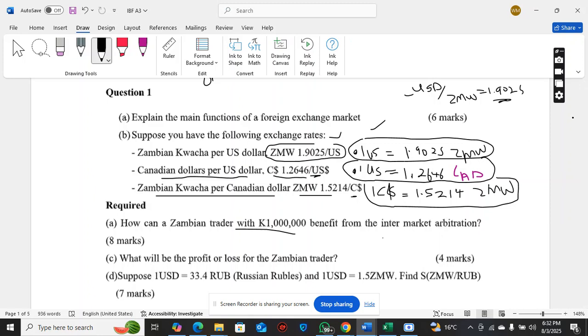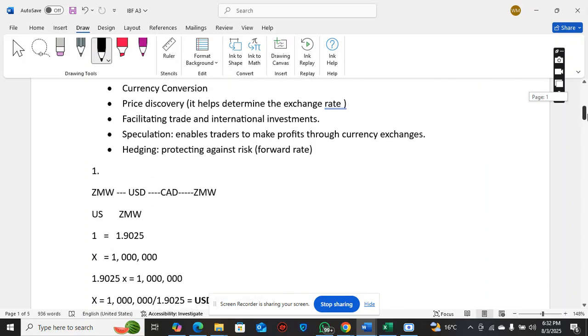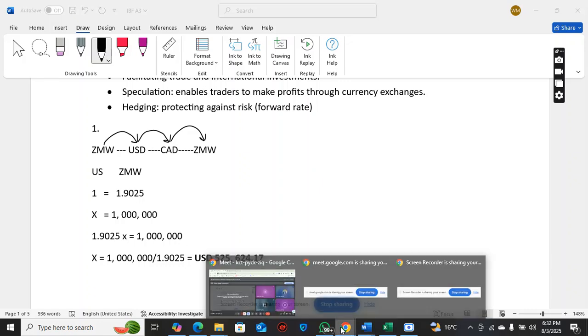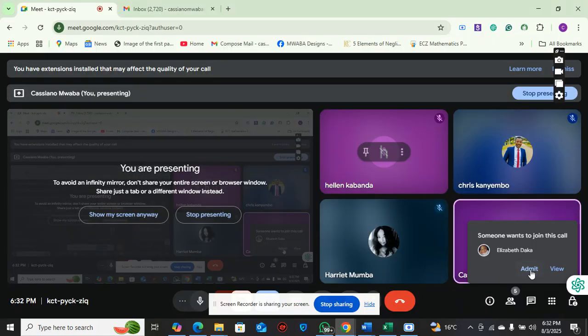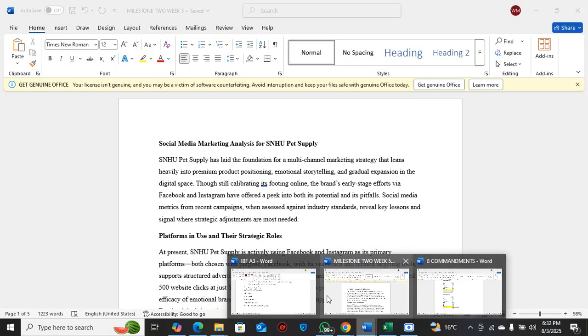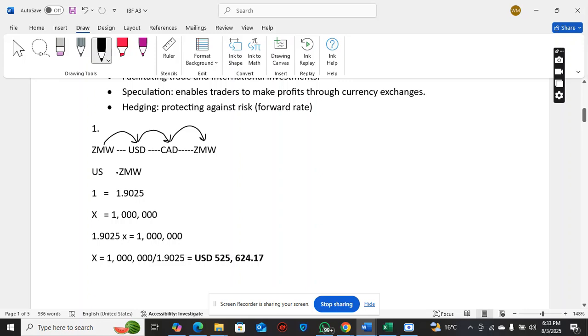That route, we say he's going to first convert his kwacha into dollars, then his dollars into Canadian dollars, then back to kwacha. So $1 equals 1.9025 kwacha.